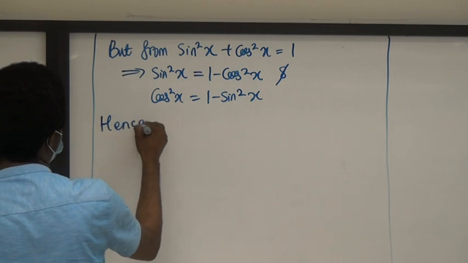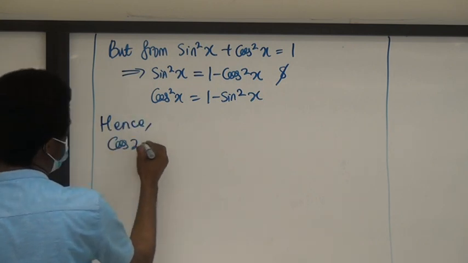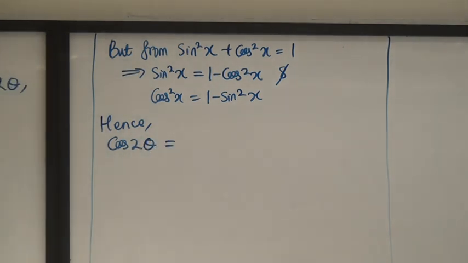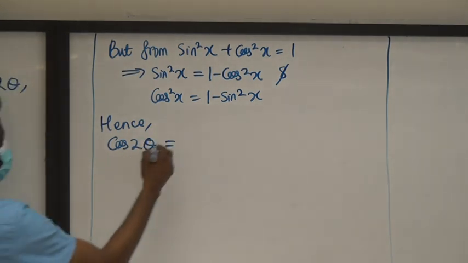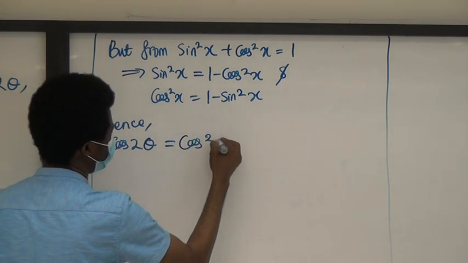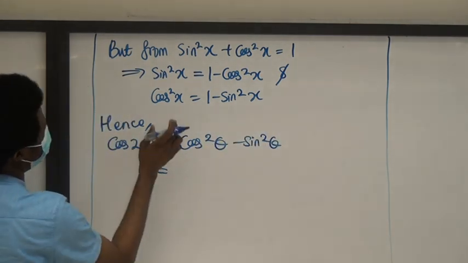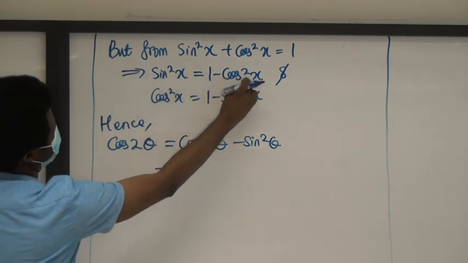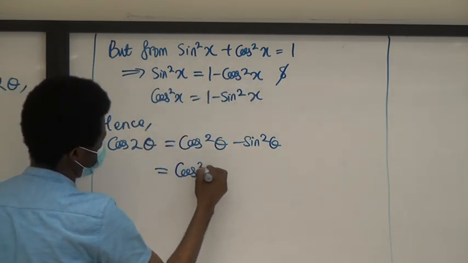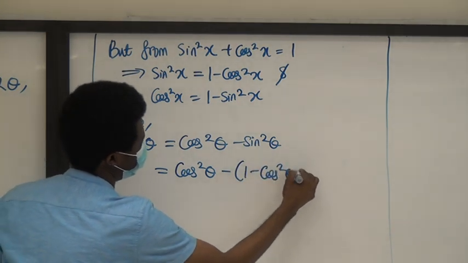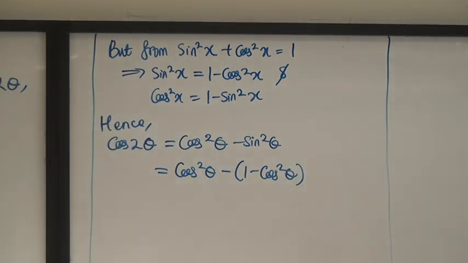Hence, cos 2 theta will be equal to, I'm writing this first, cos squared theta minus sine squared theta, which will now be, if I use the first one, sine squared is 1 minus cos squared. I'm going to be having cos squared theta minus 1 minus cos squared with a bracket. Why did I put bracket?